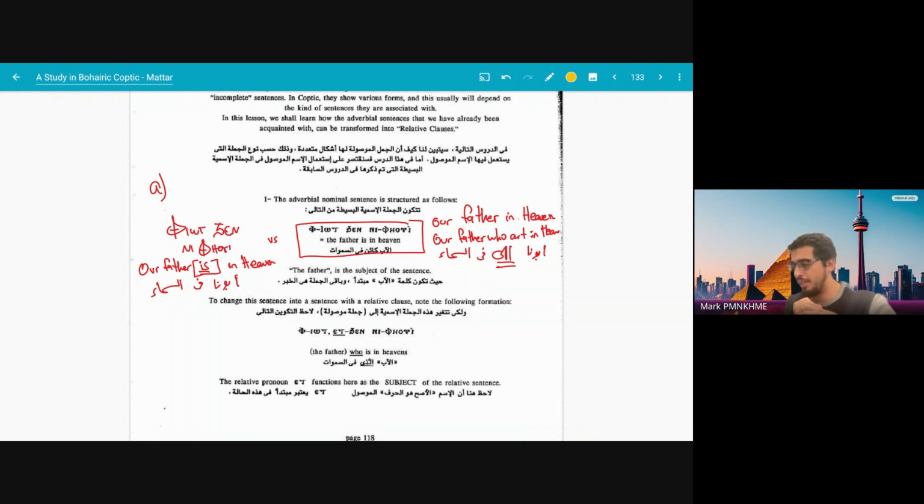So in Coptic, you would have to introduce et to say who or what or that. So if you want to say the Father who is in heaven, you say fiot et khenifewi. If you speak Arabic, it's the equivalent of illi. The Father illi fi sama. It's as simple as that in Egyptian Arabic.